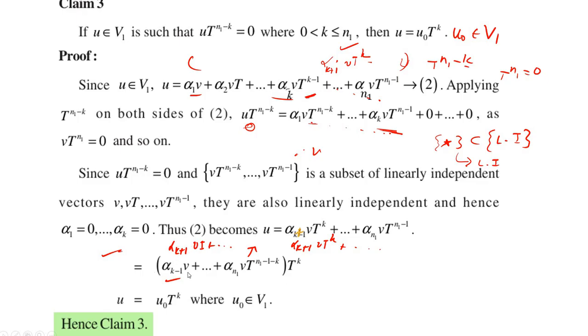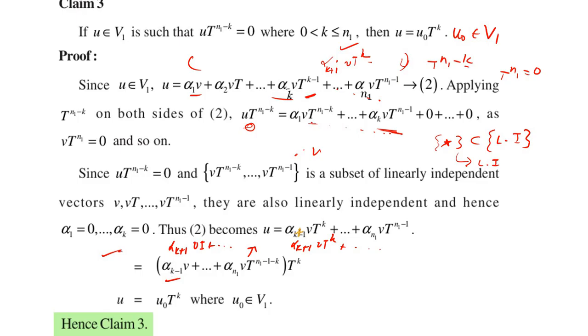But this is again a member of v1 only, the linear span of those vectors. So name that as say some u naught. What is u naught? It's a member of v1. So u is u naught t power k. Whenever we have this to be true, you have u being rewritten as u naught t power k. This is needed in proving the next claim.